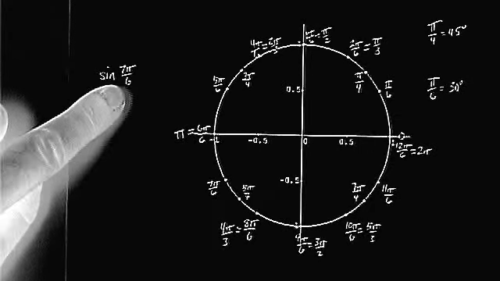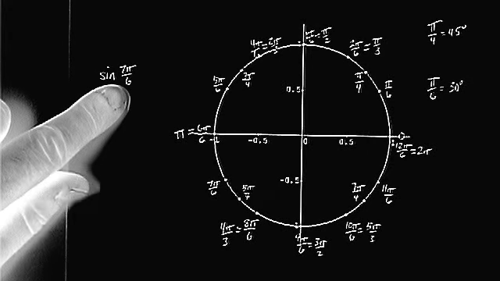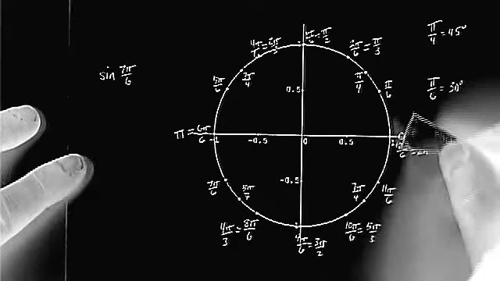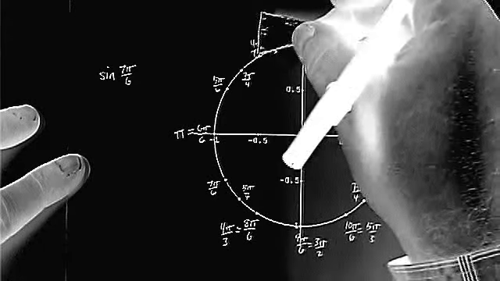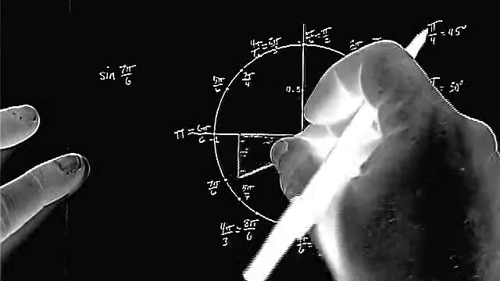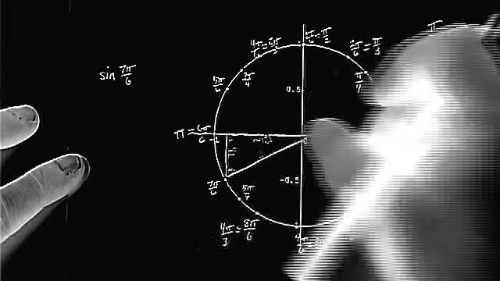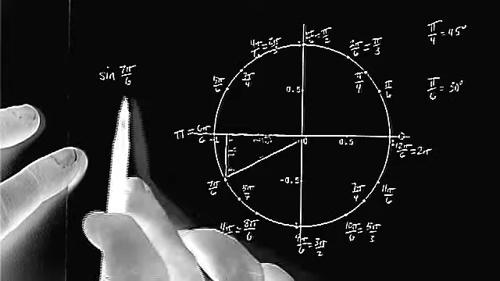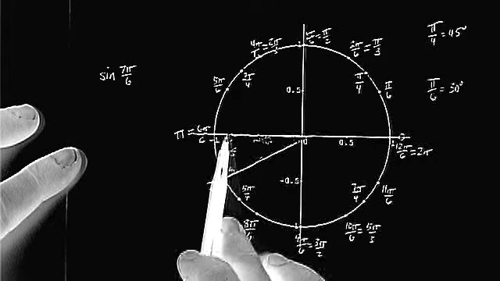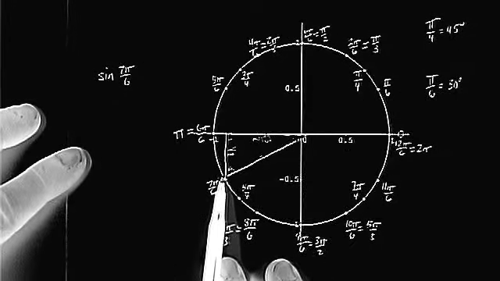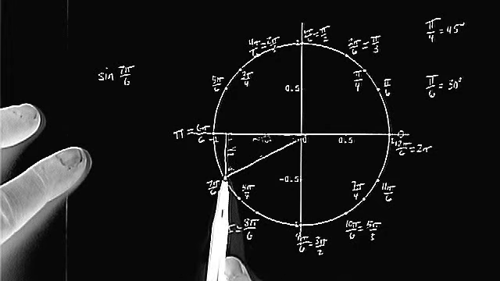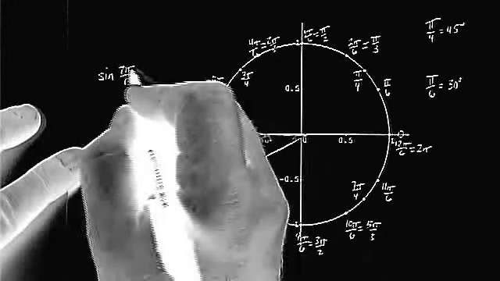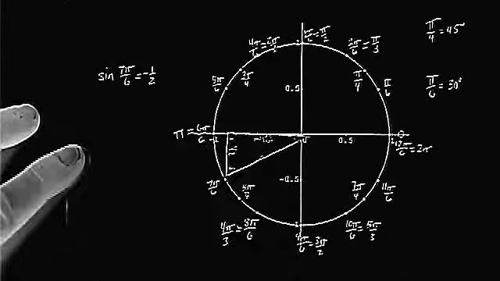Pi over 6 is a 30-degree angle, right? 7 of them would put me 1, 2, 3, 4, 5, 6, 7. And that is the 30, 60, 90 right triangle. If I'm looking for the sine, which is the y value, it's a negative value, obviously, because it's below the x-axis, and it's this side of the triangle, which is 1/2. So, we've got negative 1/2.